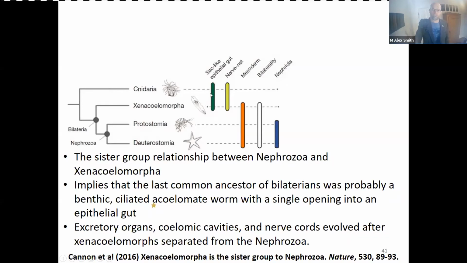And so it suggests these things about the evolution of some complicated traits that we see within animals. They have a gut and a nerve net that is much more like the Cnidarians, but they do have a mesoderm, and they are bilaterally symmetrical, and they lack nephridia.